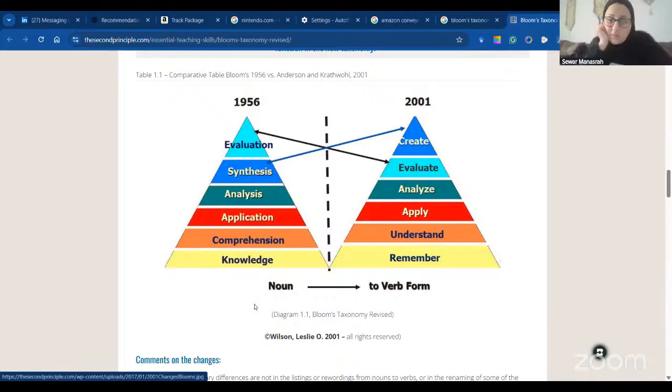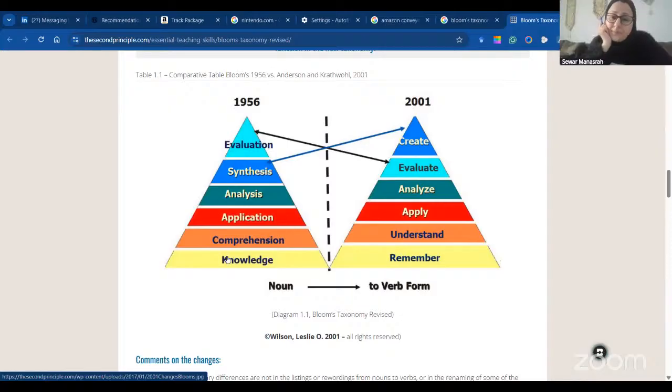Remember, when you're teaching, in essence, what you're trying to do is move your learners up the taxonomy, because evaluation is the highest order thinking skill. Knowing is the lowest skill.